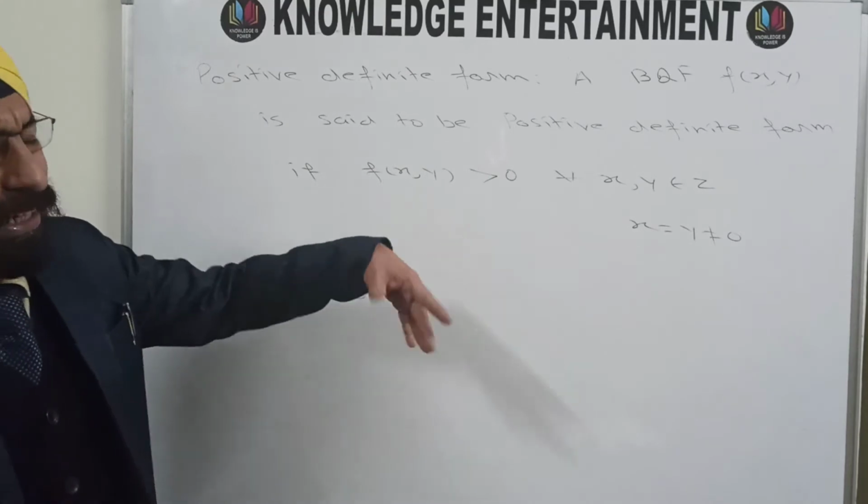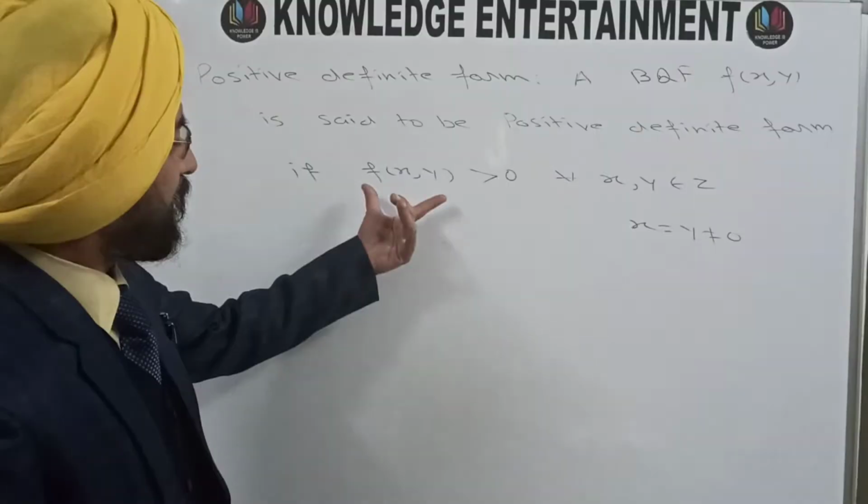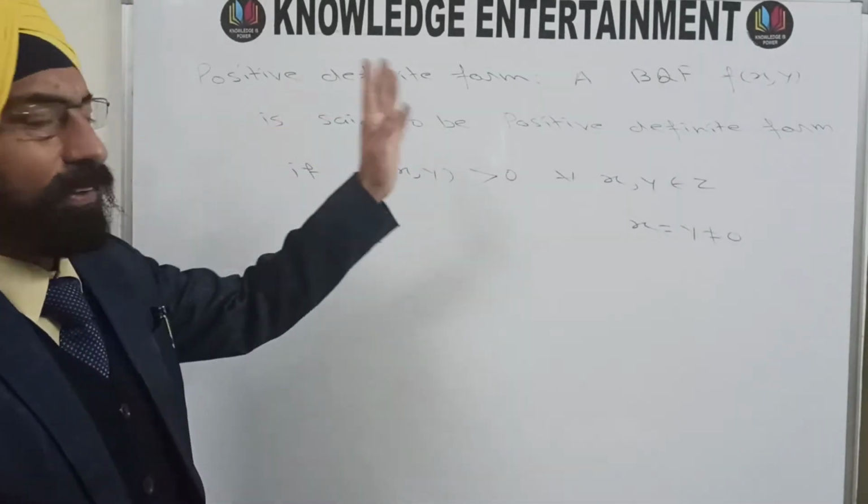So if for every ordered pair x, y where both x and y are not 0, this f(x,y) is always greater than 0, then this f(x,y) will be called positive definite form.